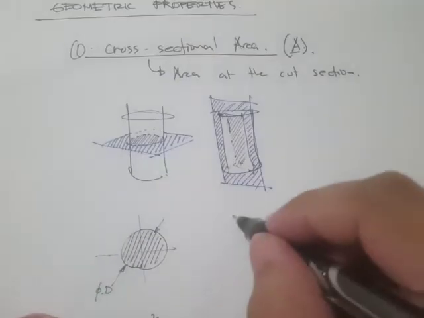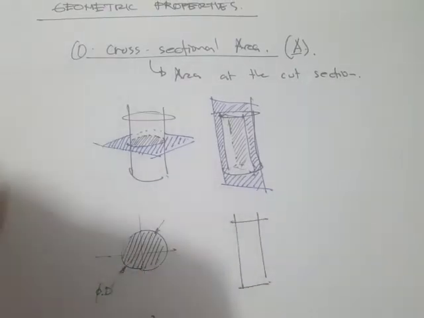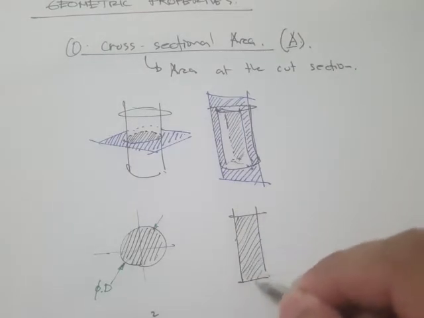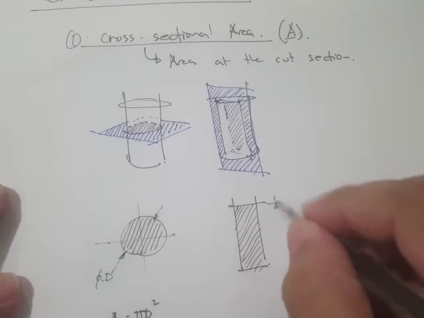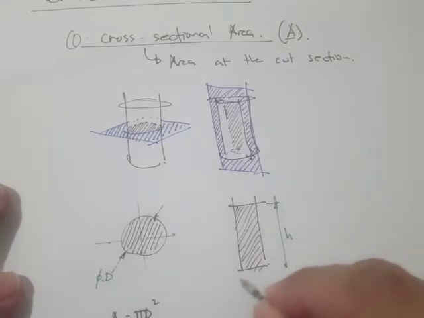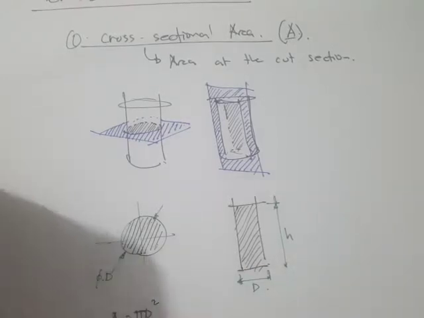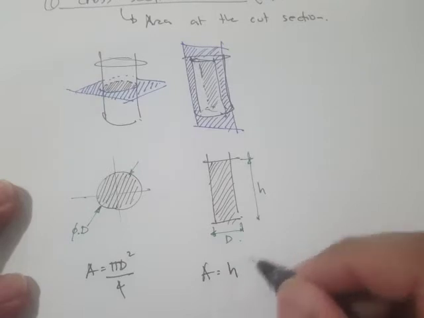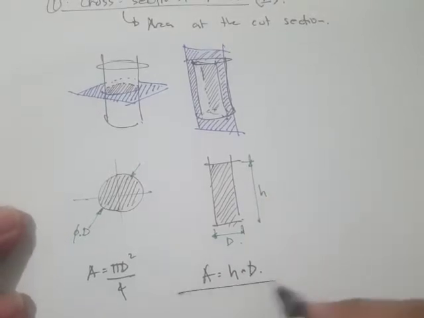Drawing it here, let's say this is our height, h, and this is our diameter, d. So the area is simply the area of the rectangle, h times d.